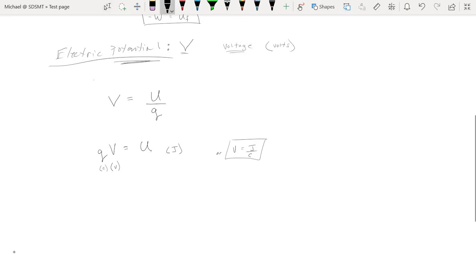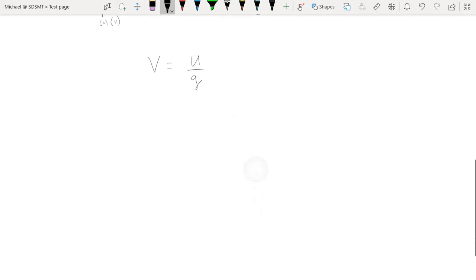Well, if our potential can be represented as this ratio of potential energy over charge, we already know that potential energy can change. And first rule of algebra is what you do to one side, you have to do to the other. So if I have a changing term of potential energy, that means that there has to be a changing electric potential throughout the system.